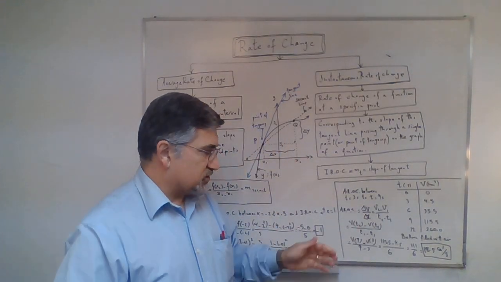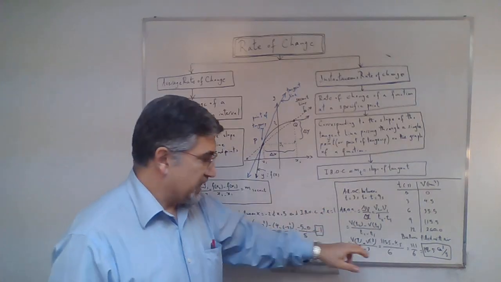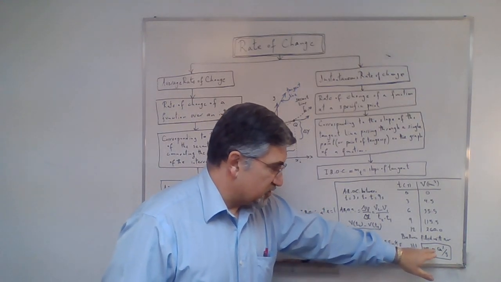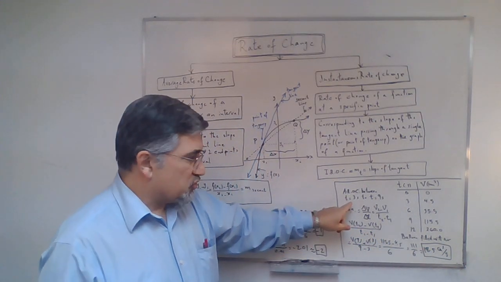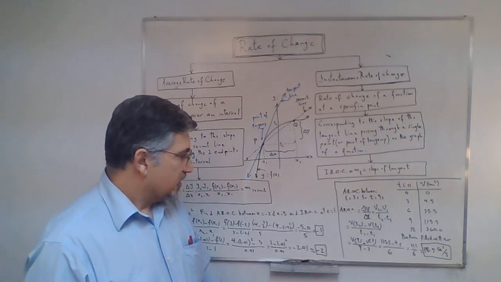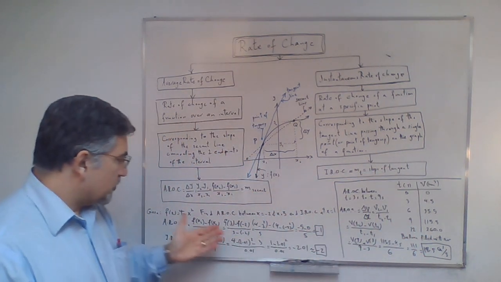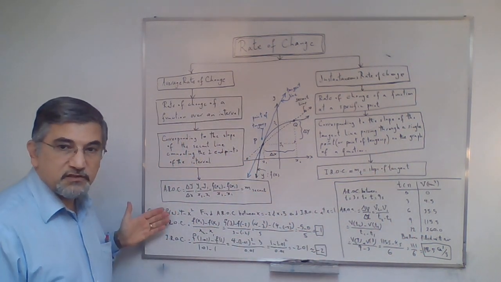So the average rate of change of volume of the air inside this balloon with respect to time is 18.5 cubic centimeters per second between t equals 3 seconds and t equals 9 seconds. So to find the average rate of change, we may use a table of values, or we may use the formula. It doesn't matter.